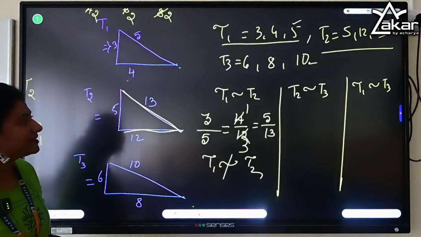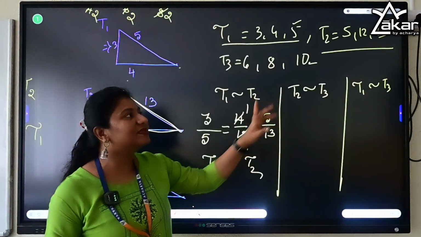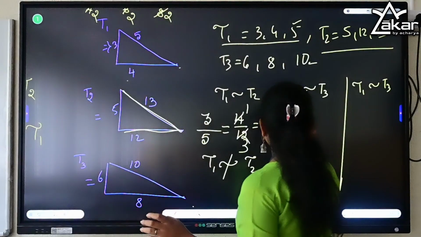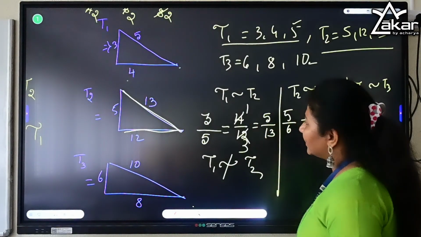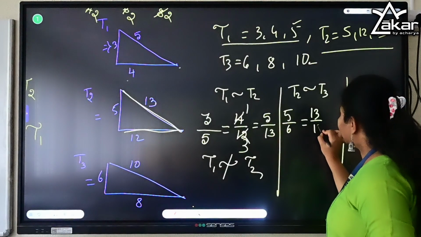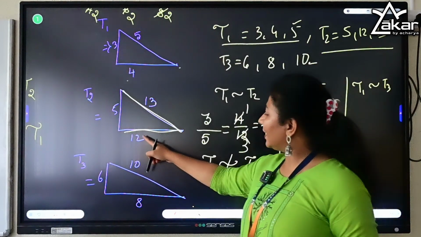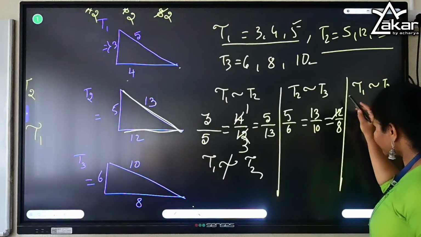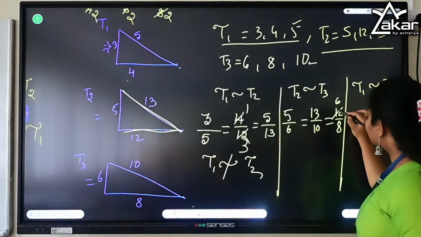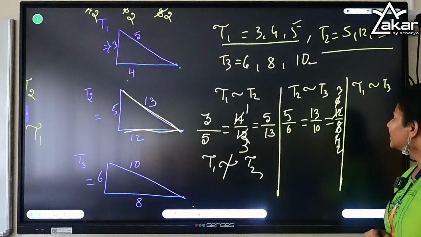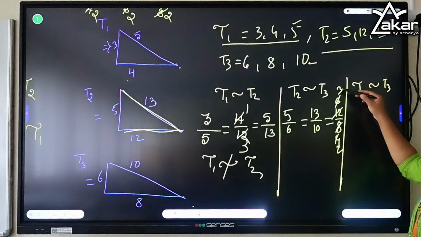Got it? In the same way, let us check whether T2 is similar to T3. Is it possible? Let us check. 5 by 6 equals, next, 13 by 10, equals 12 by 8. What is the value of 12 by 8? Dividing by 4, we can write it directly as 3 by 2.